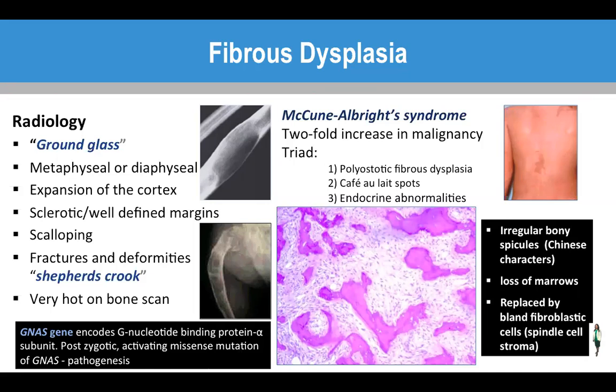They have this spindle cell stroma. The pathogenesis of this tumor is caused by GNAS gene mutation. The GNAS gene encodes the G nucleotide binding protein alpha subunit. The post-zygotic activating missense mutation of GNAS causes fibrous dysplasia.